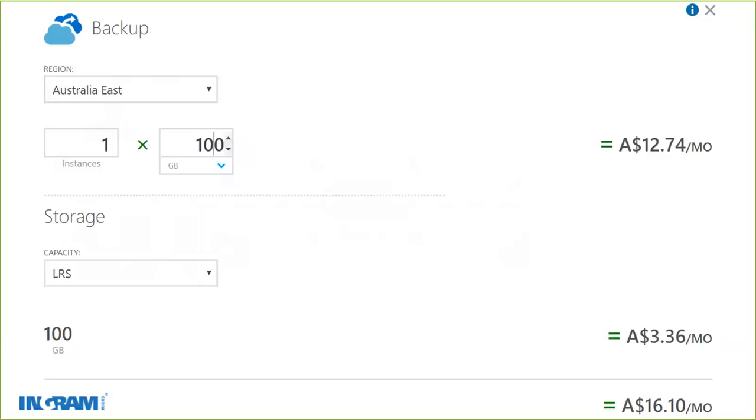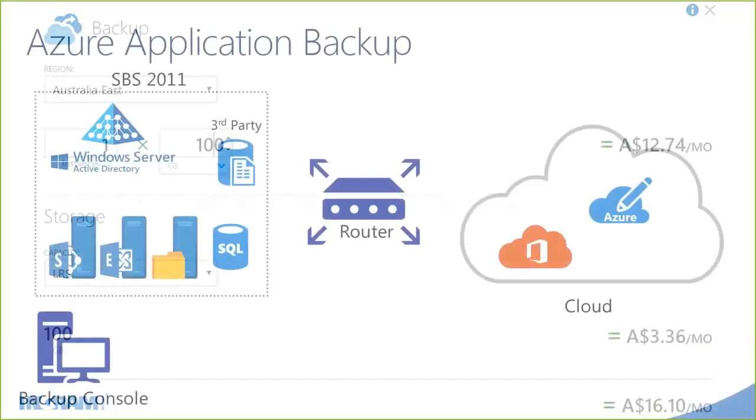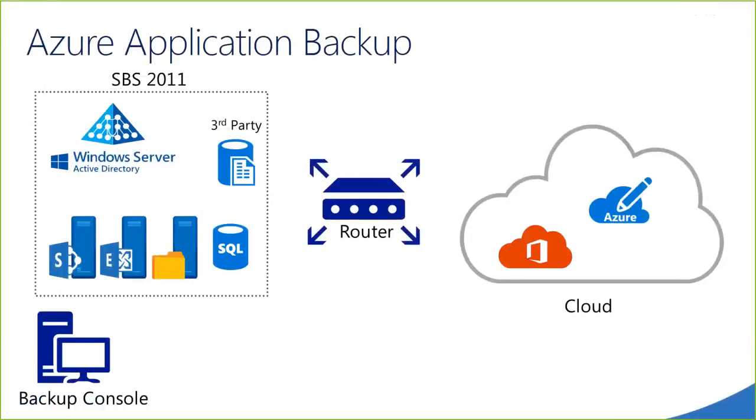Now, the second step generally is, once we're doing files and folders in the on-prem environment, what we want to be able to do is to back up things like running SharePoint, running Exchange, maybe SQL, and Active Directory. We do that using an Azure option called Azure Application Backup, and what that effectively allows us to do is target everything on the SBS box.